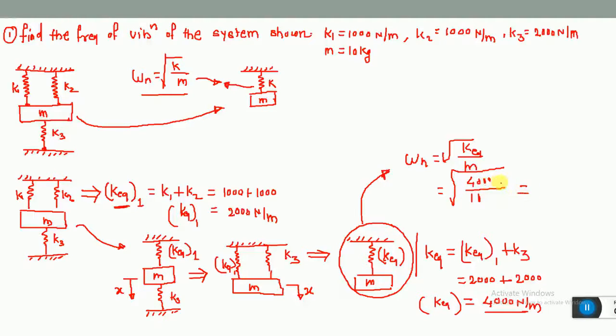And the answer is 20 radian per second. So this is the natural frequency for the given compound spring mass system. In such problems, we have to convert the given system into a simple spring mass system, and then we can directly use the formula omega n is equal to square root K by m.